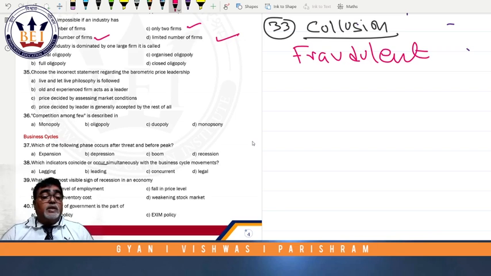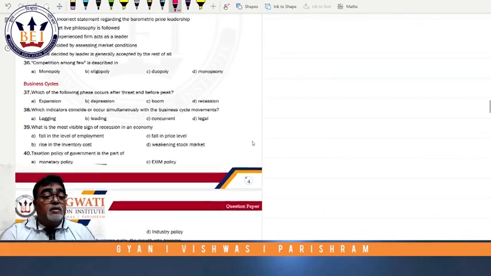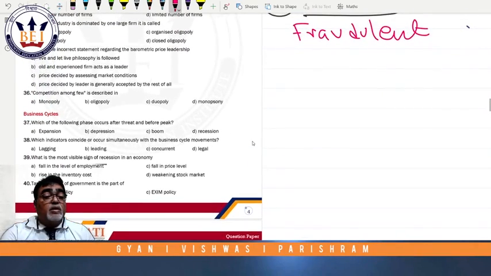The answer of 33 is the option given. I repeat, collusive oligopoly means a fraudulent secret understanding among the firms to avoid any uncertainty in the future. So obviously, if there is a large number of firms, it is problematic to apply this collusive agreement.